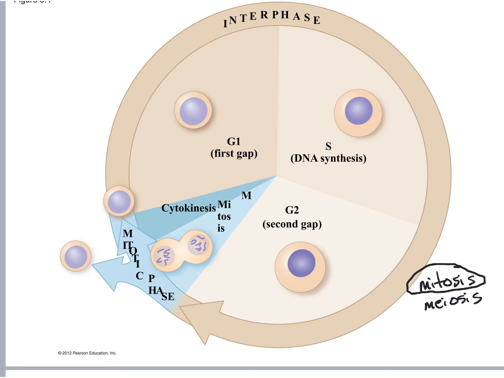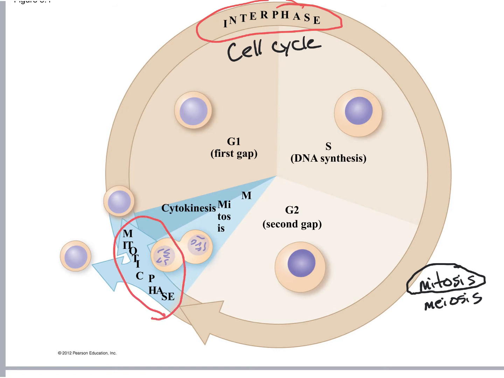The picture that you're looking at here is what we call the cell cycle. You can think of this as the cell's life cycle, or your life cycle, all of the things that you do within the course of your life. The cell cycle is broken up into two main phases: interphase and the mitotic phase.